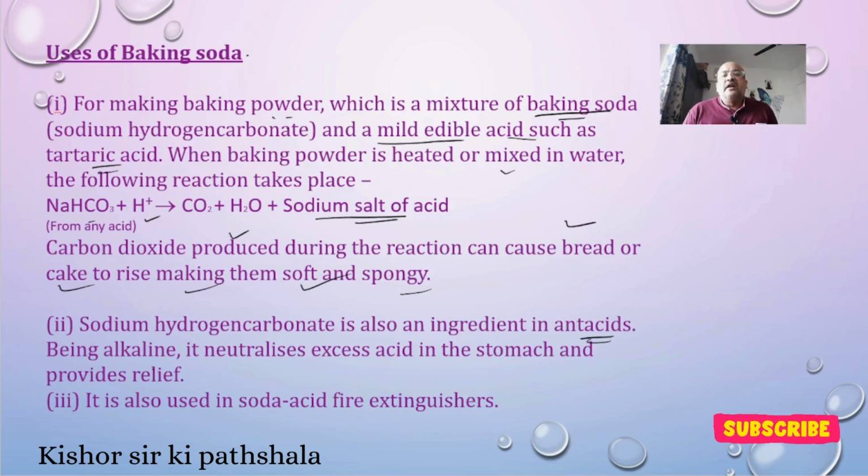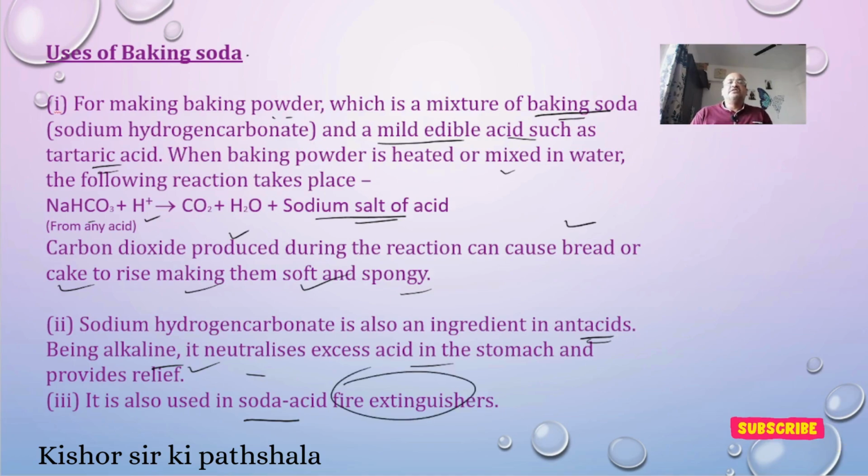Being alkaline, it neutralizes the excess acid in the stomach and provides instant relief. This sodium hydrogen carbonate is also used in soda acid fire extinguishers. To extinguish fire, we require a fire extinguisher, and it is produced using this ingredient, sodium hydrogen carbonate.